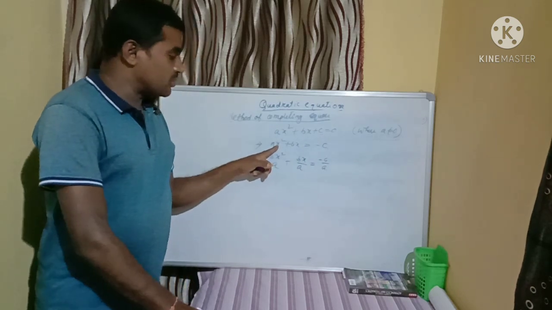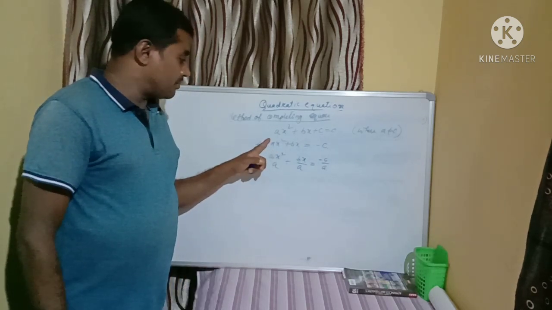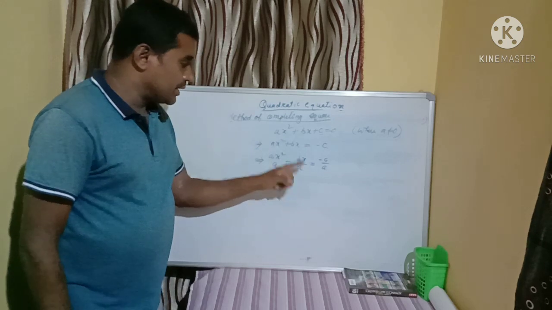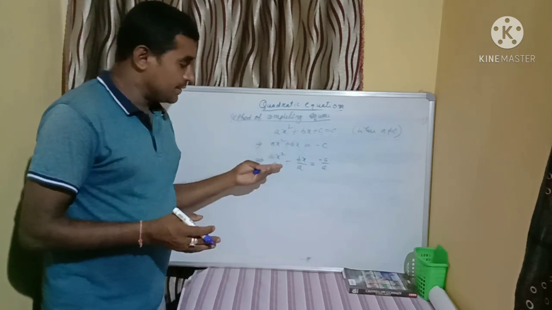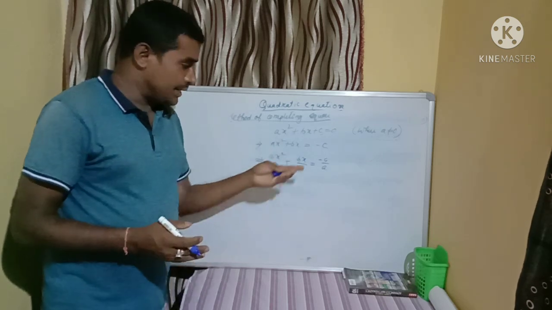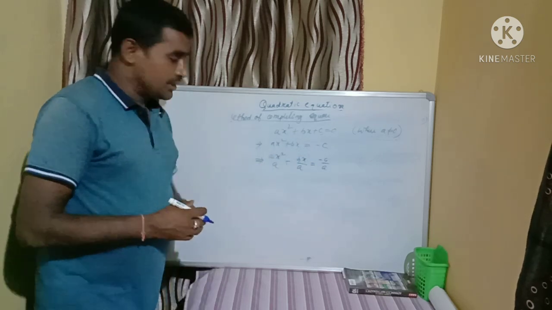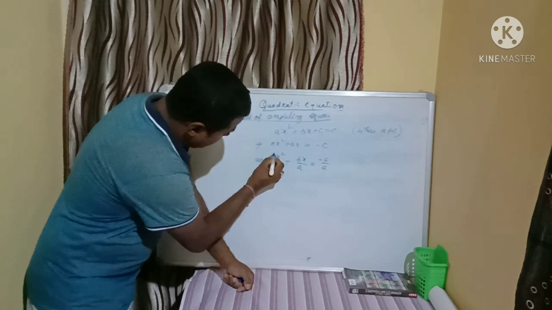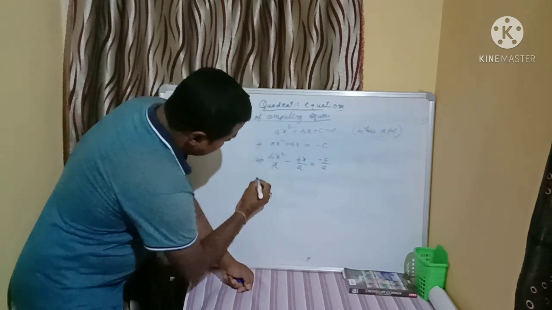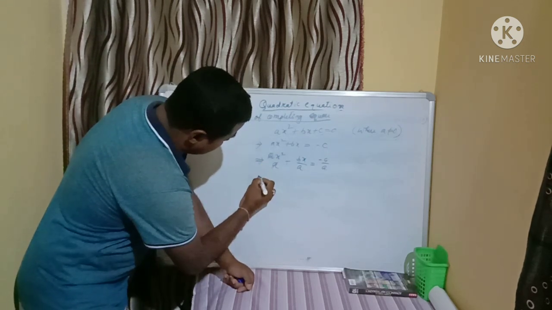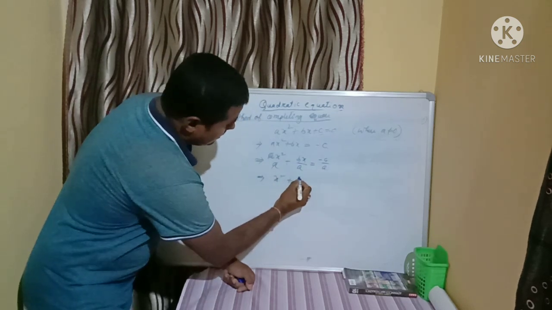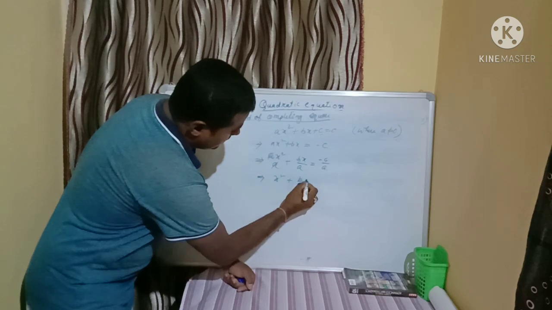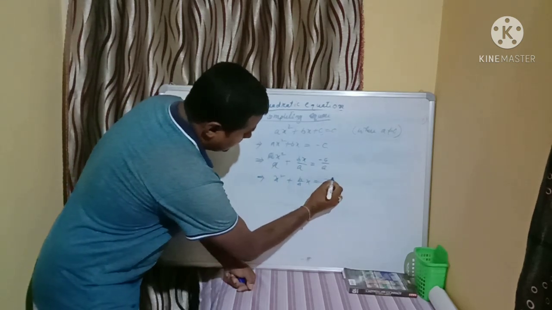The coefficient of x square is a, so by a, we divide both sides. After dividing, we get ax square by a, then bx by a, and then minus c by a. Now here you can cancel a and a, and after cancelling a, you get x square plus b by a x equal to minus c by a.